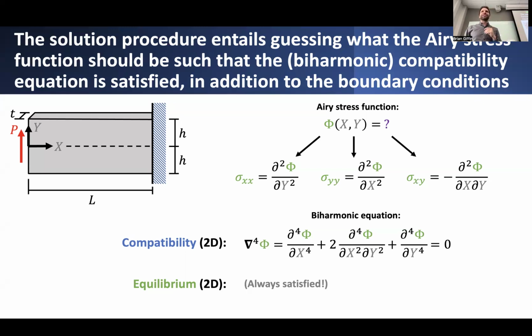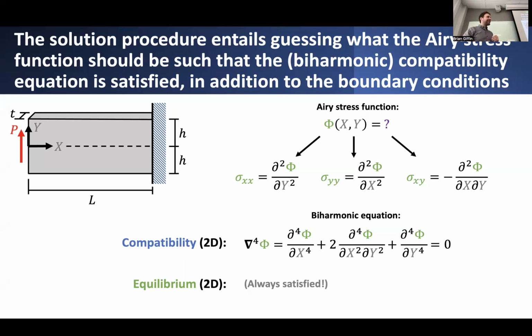And the procedure that we adopted to come up with our guess for what the stress field should look like was by assuming one of these stress components. Maybe we come up with some reasonable guess for any one of these three different components of stress. We integrate it twice to get some guess of what we think the Airy stress function looks like.